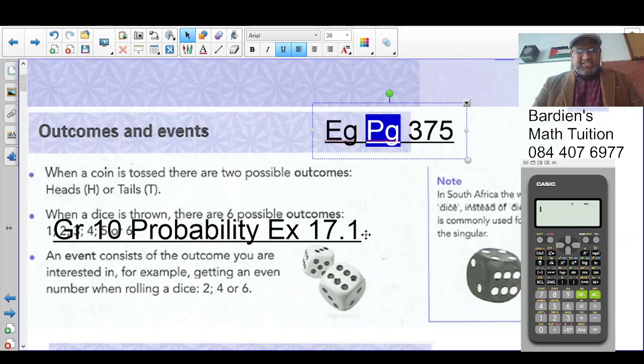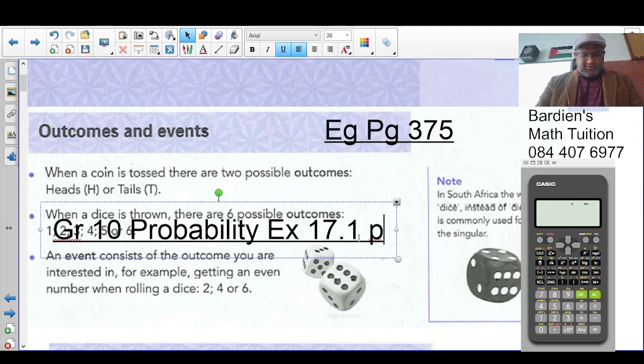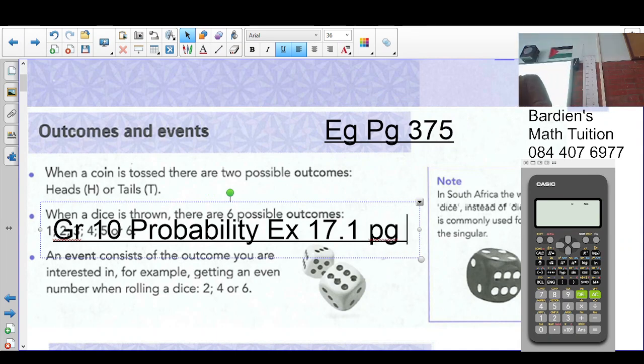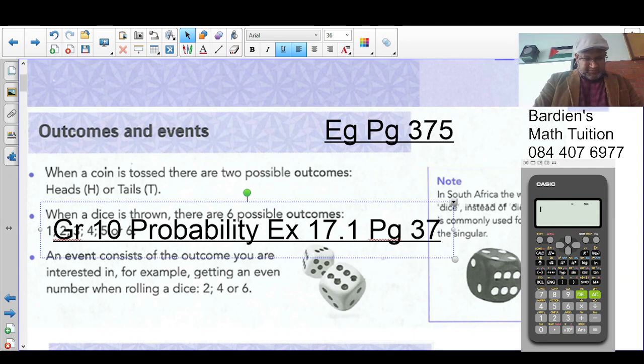However, exercise 17.1 is on page 378. All right, let's go.